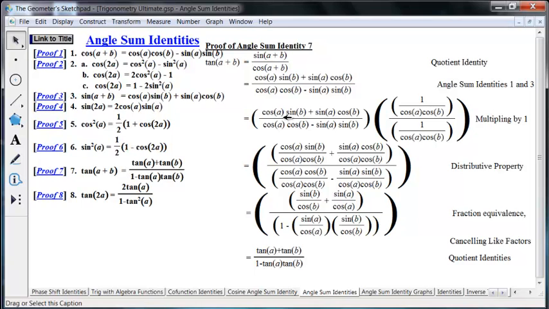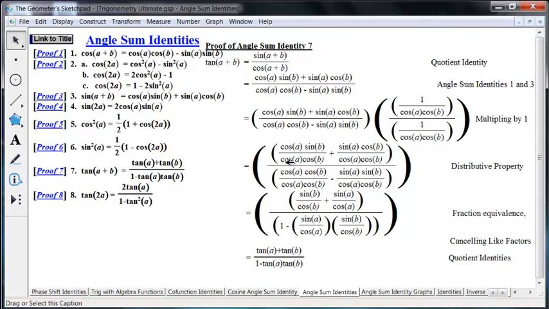So when I distribute, we get cosine A sine B over cosine A cosine B plus sine A cosine B over cosine A cosine B. And similarly, we get something like that in the bottom. Now we just cancel out the like factors in the top and bottom, our fundamental equivalence property of fractions.